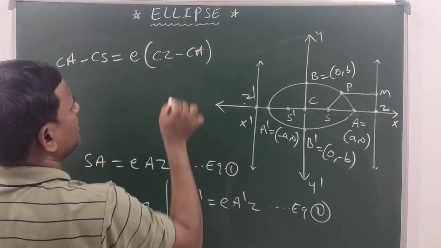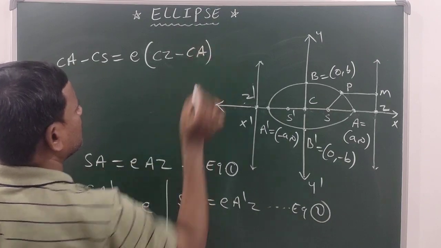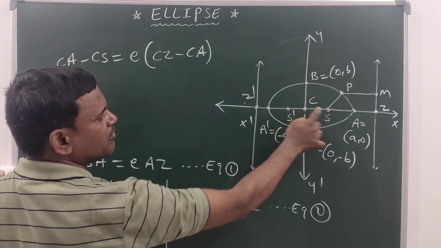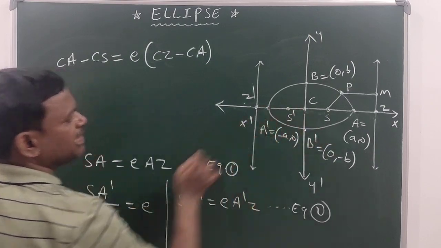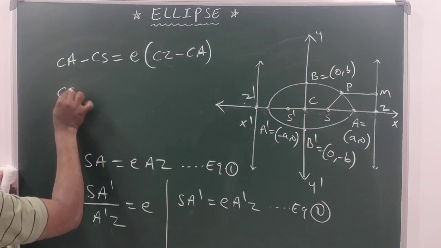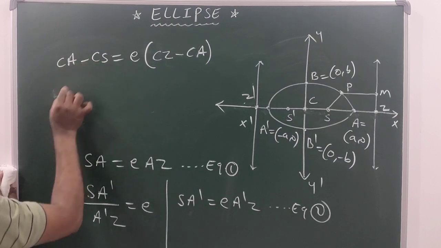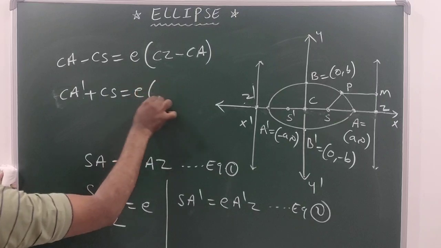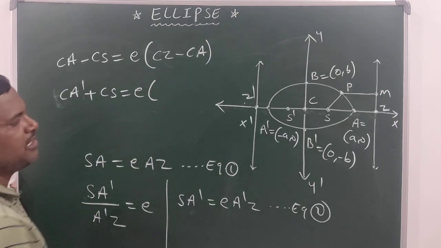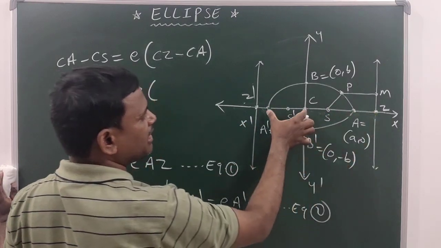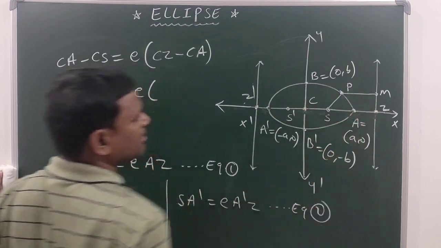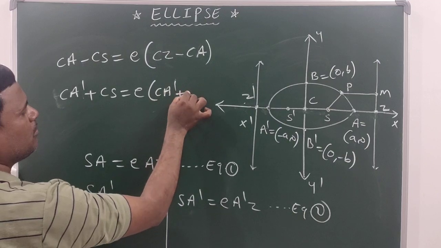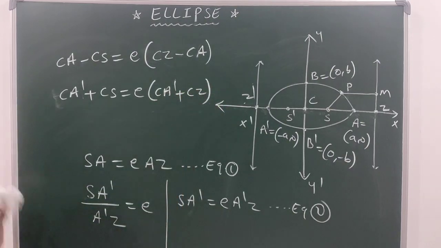Now go to this one. SA dash can be written as CS plus CA dash, so CA dash plus CS is equal to E of A dash Z. A dash Z can be written as CA dash plus CZ.